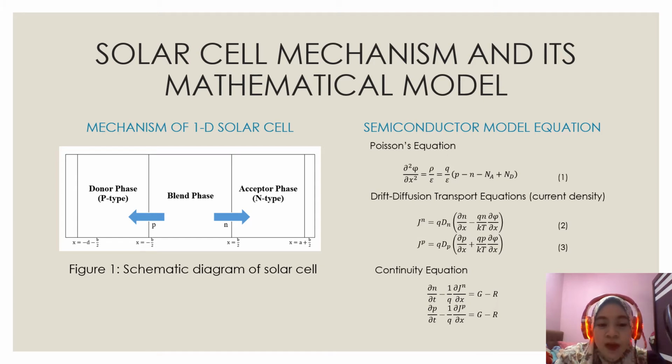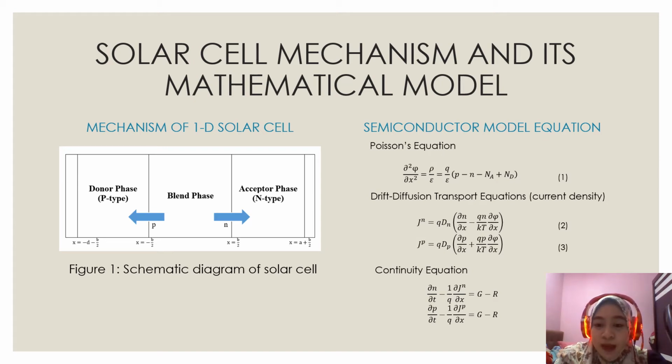At this interface, only one type of carrier is allowed to enter the phase. For example, at the donor phase, only p-type, which is hole carrier, is allowed to enter. And at the acceptor phase, only n-type is allowed to enter, which means electrons.